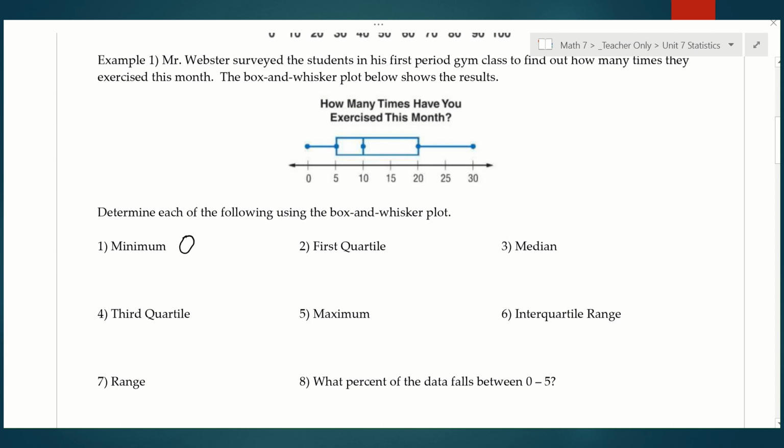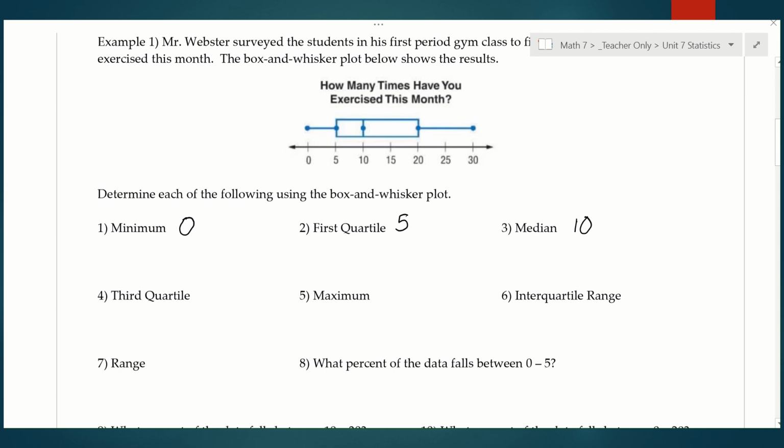Our first quartile is where we have the beginning of our box, and that's at 5. The median is our third point, or the middle of the boxes. That's at 10. The third quartile is the end of the box, or our fourth point, which is 20. And our maximum is the last point, or the highest point on our box and whisker plot, which is 30.